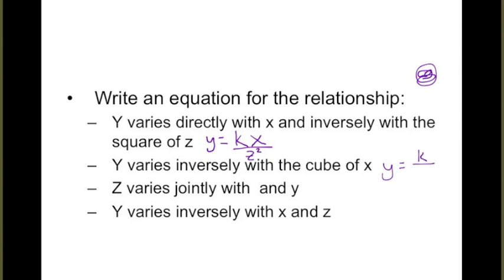Inversely, so that tells us a division with the cube of x. The next one says z varies jointly, so it's going to be a multiplication by more than one thing. And my notes here, I'm missing part of it. I'm missing an x squared, but hopefully that's still in yours. So multiplying with x squared and y.